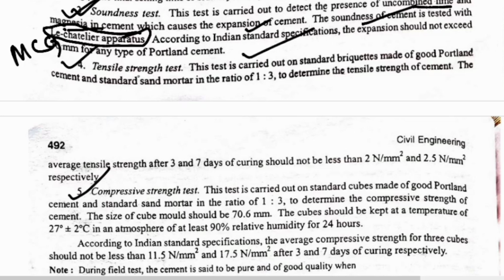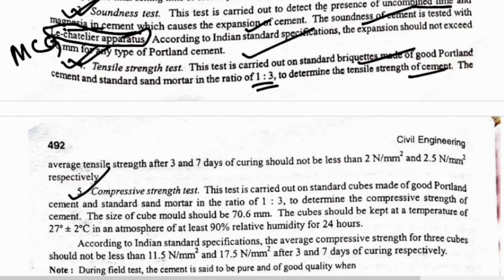Tensile strength test. This test is carried out on standard briquettes made of good Portland cement and standard sand mortar in the ratio of 1:3 to determine the tensile strength of cement.